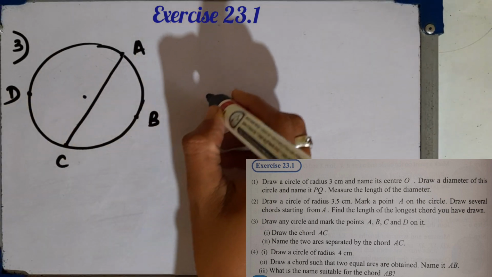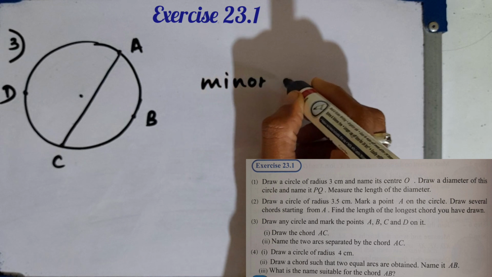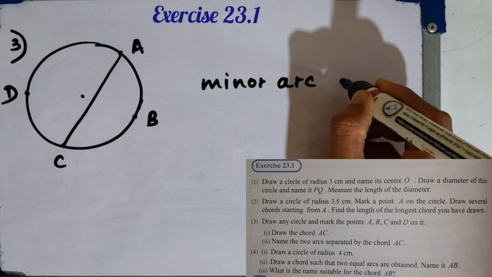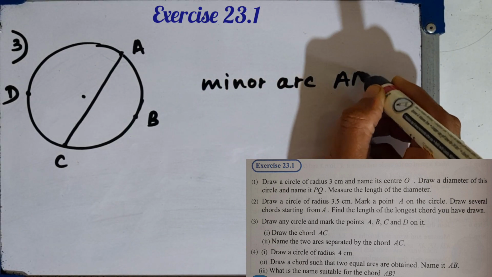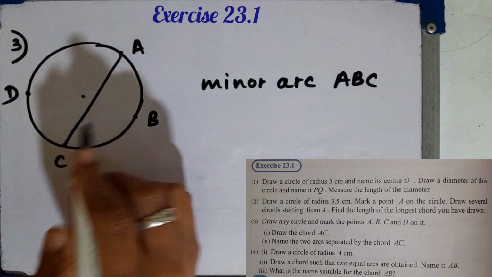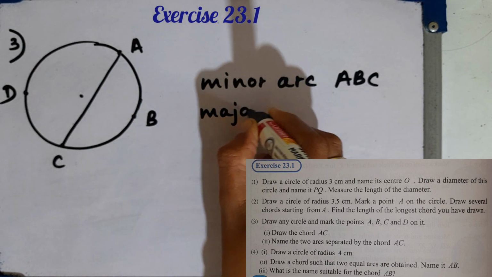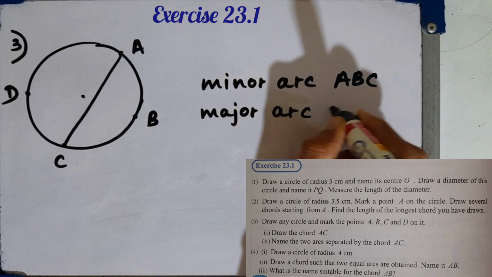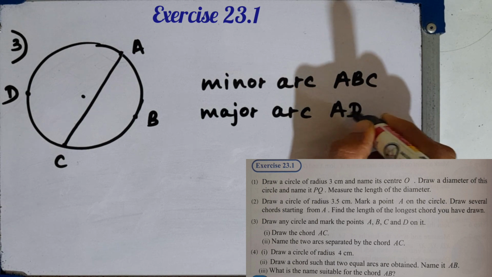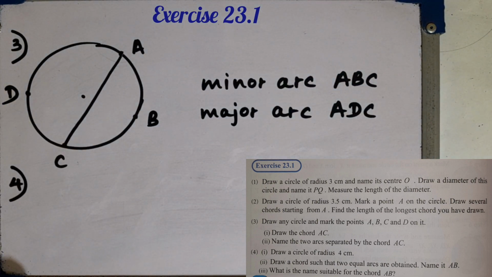This is the minor arc. Minor arc ABC. Then this one is the major arc ADC. Major arc ADC.